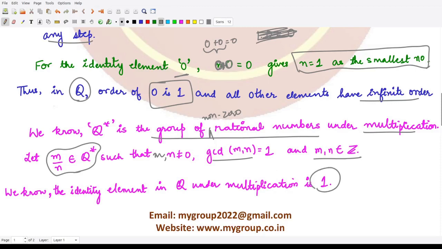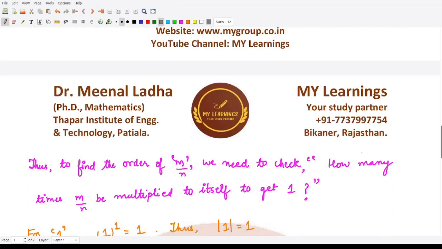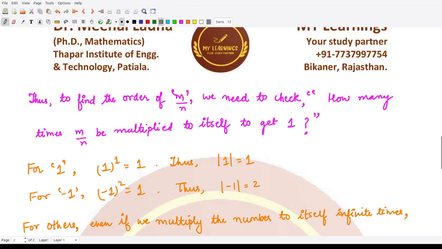Here the identity element is 1 because our group operation is multiplication. So we have to pose the question: how many times do we have to multiply m upon n by itself so that we obtain the identity element, which is 1? So m upon n into m upon n into m upon n. How many times should we do it so that we obtain 1?